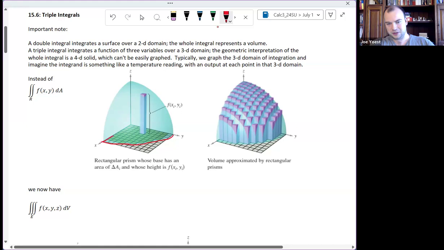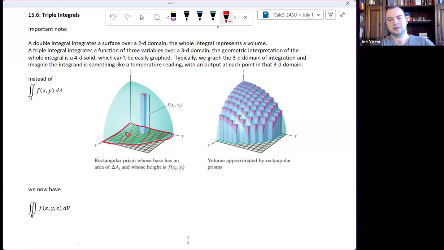This looks like a quarter circle here in the XY plane. This is the domain D.